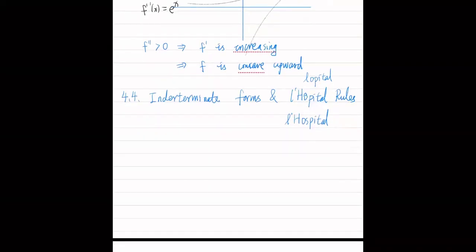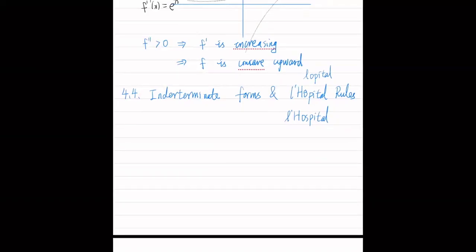Okay, so what is an indeterminate form? Consider a limit as x goes to 1. Let's think about this for a minute. How do you find this limit? Could we plug in? The denominator cannot be 0.